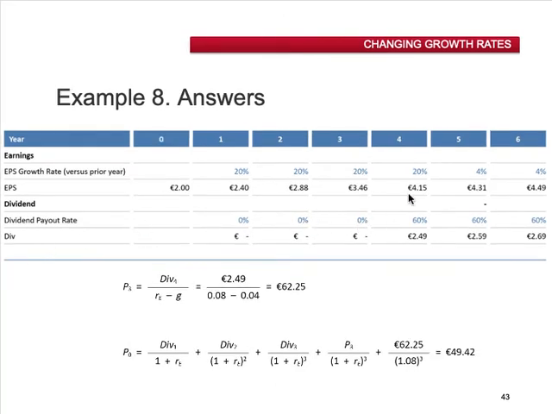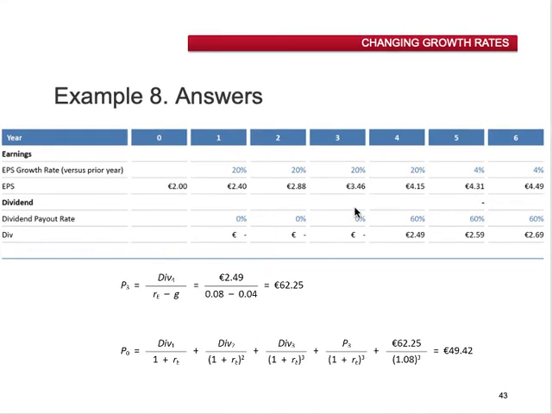Then, multiplying the earnings per share with the dividend payout ratio gives us the size of the dividend payments in year 4, 5, 6 and onwards. Now, from year 4 and onwards, McDonald's dividend will grow at the expected long-run rate of 4% per year. Thus, we can use the constant dividend growth model to project McDonald's share price at the end of year 3.